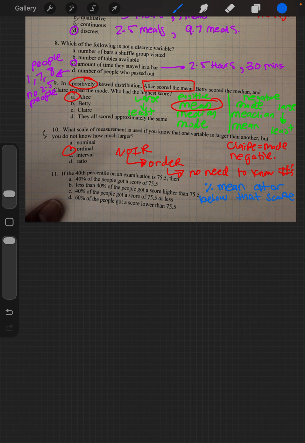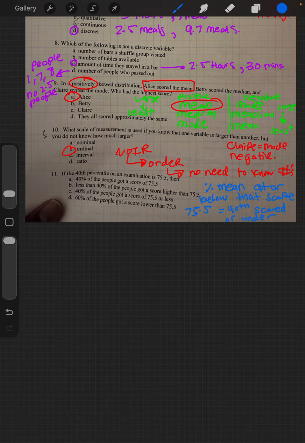So if it's 75.5, that means the 40th percentile scored that or under.